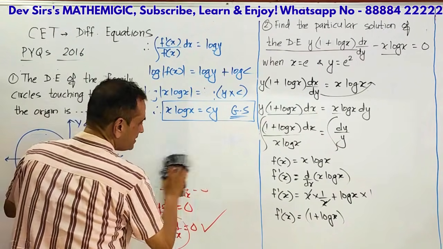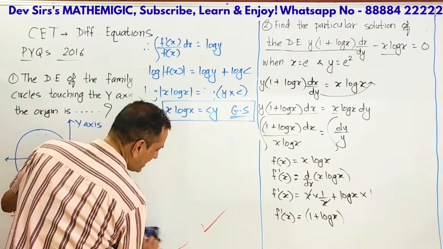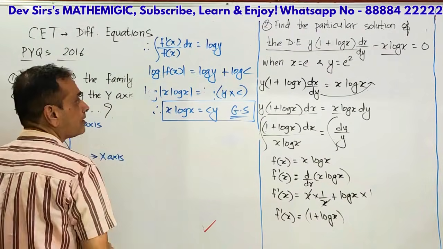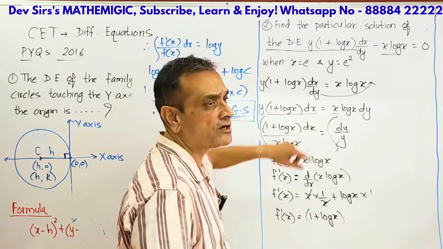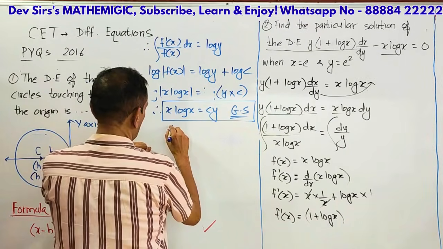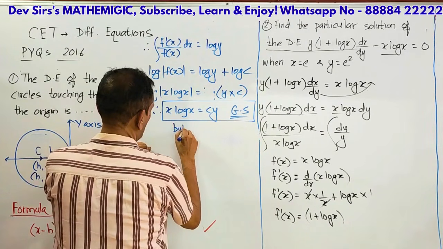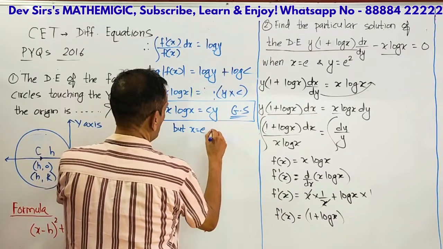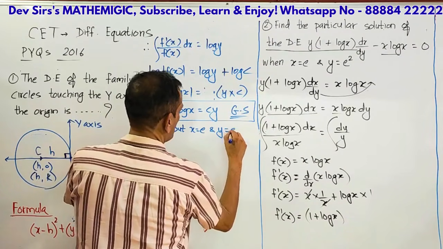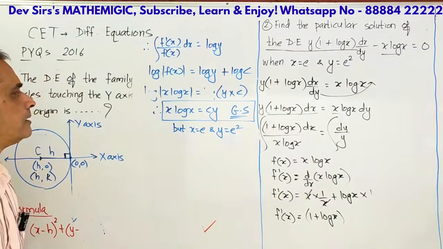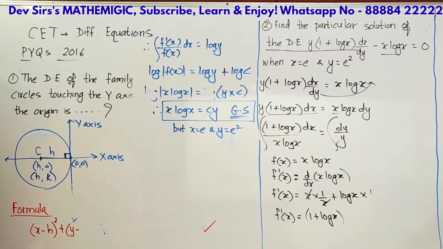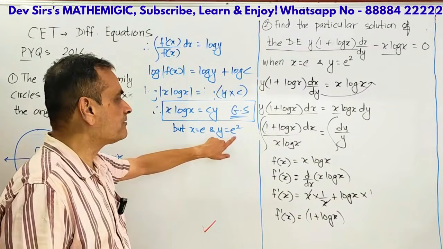So put x equal to e, y equal to e squared.